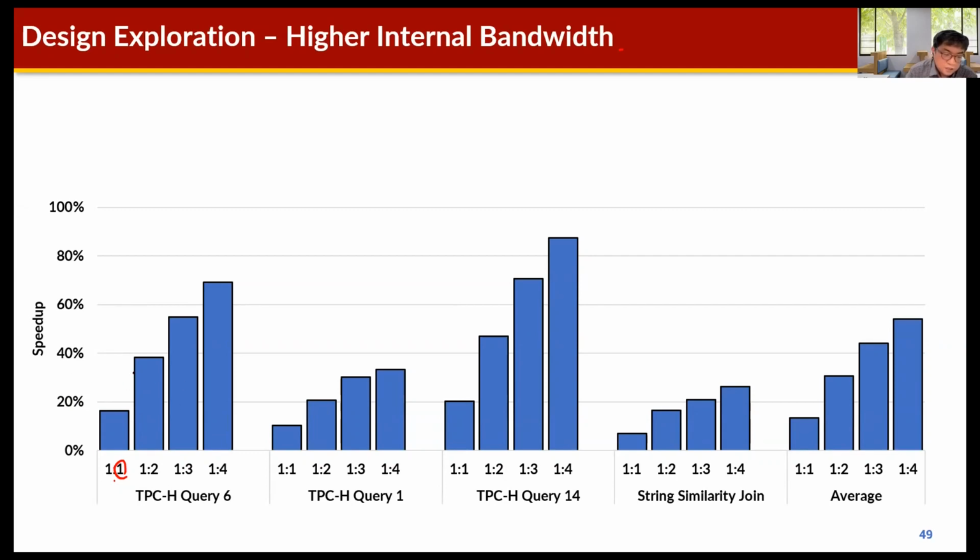As you can see, if we increase the internal bandwidth of the SSD and near data processing is applied, the speed up by near data processing is also increased. That means if we increase the internal bandwidth of the storage system and near data processing is applied, we can maximize the performance of the system. So we just increase the internal bandwidth, so more data is handled by the SSD processor.